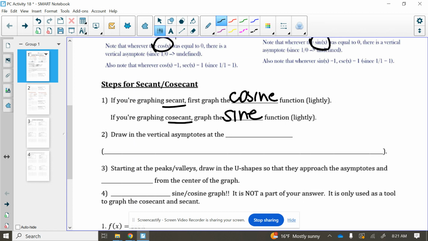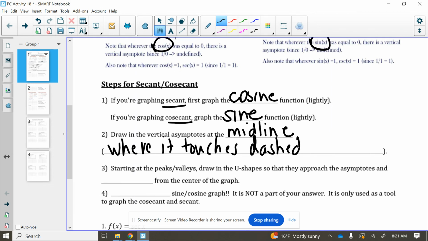So essentially that's what we want to do each time, is sketch in lightly those original graphs. And then again, depending on which one you're doing, anywhere you touch your midline, you will draw in vertical asymptotes. So again, where it touches the dashed horizontal line.